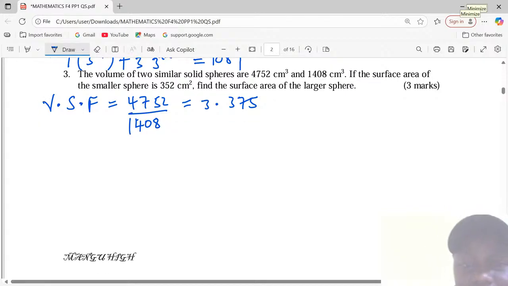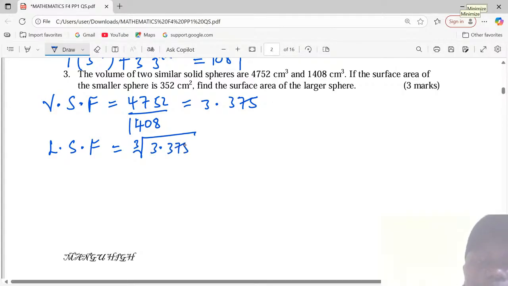With the volume scale factor, note that you cannot relate volume scale factor and area scale factor directly without passing through the linear scale factor. So the first thing we do is find the linear scale factor, whereby we get the cube root of the volume scale factor. Cube root of volume scale factor gives us linear scale factor.